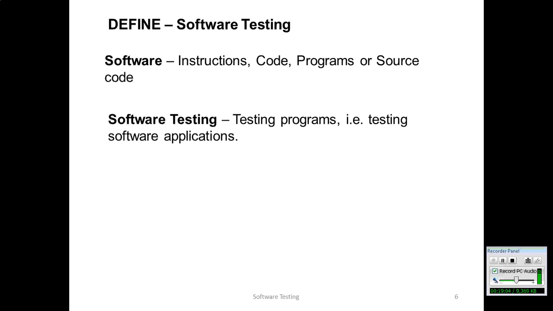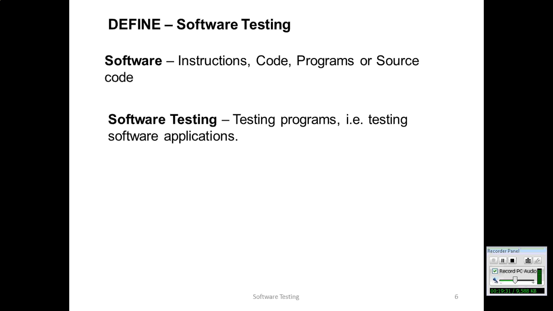Testing these programs, whatever the developers develop, is called testing software application or testing software programs. Generally, as a software tester, you may not test the programs themselves, but the programs are developed and made into an application, so we will be testing the application.